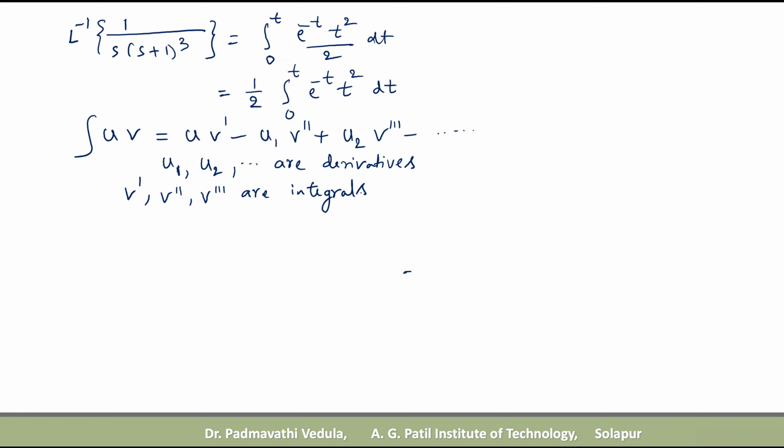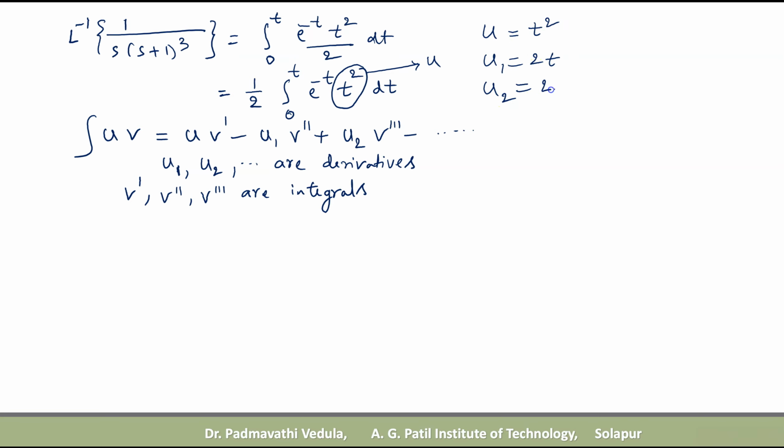Whenever you are applying this general UV rule, consider the term which has a finite number of derivatives as u. Here consider t square as u, because if you consider t square as u, then the first derivative u1 equals 2t, and the second derivative u2 equals 2. The derivative of t square is 2t.